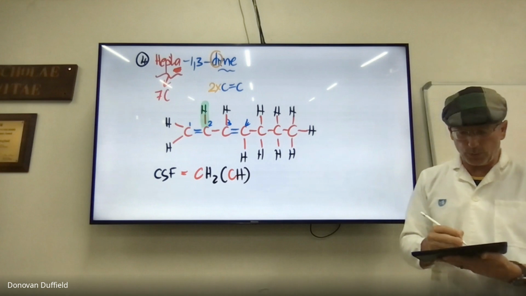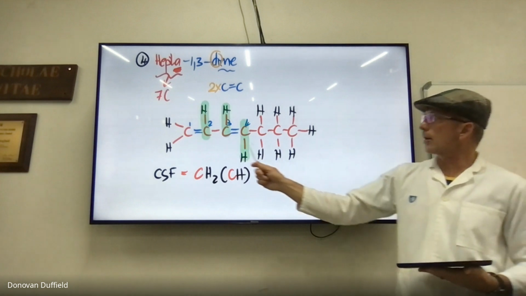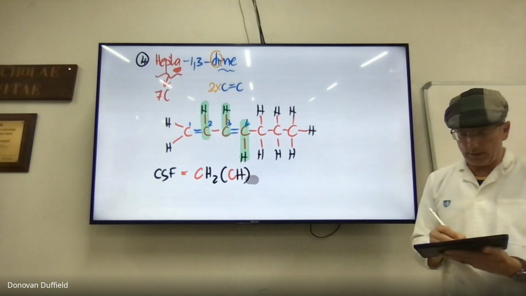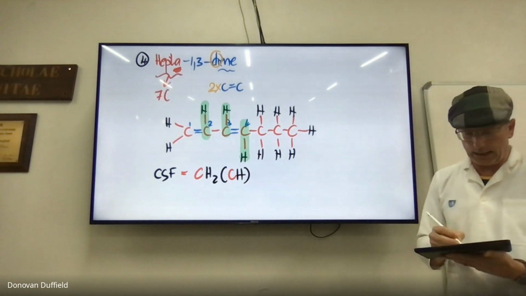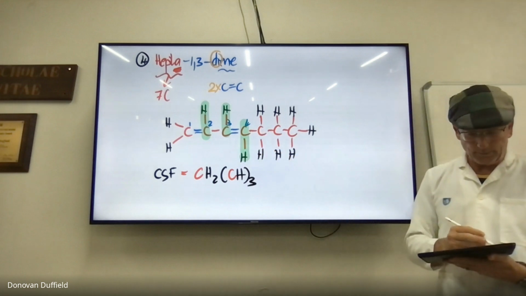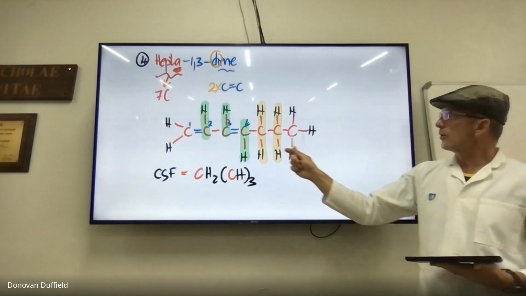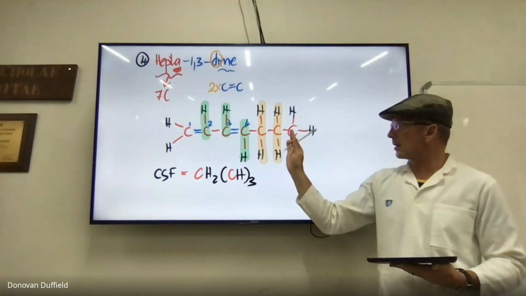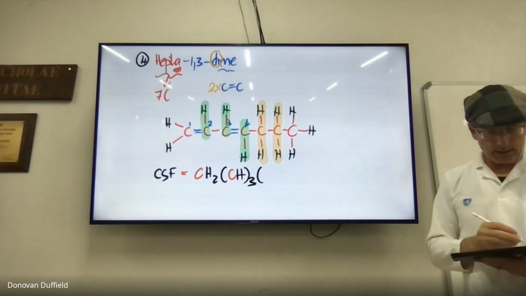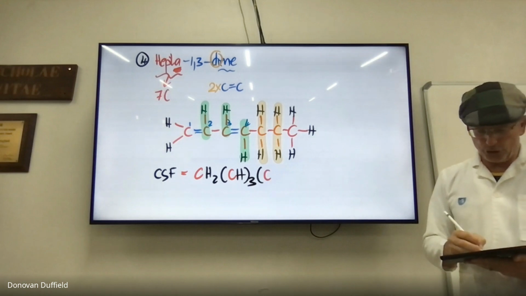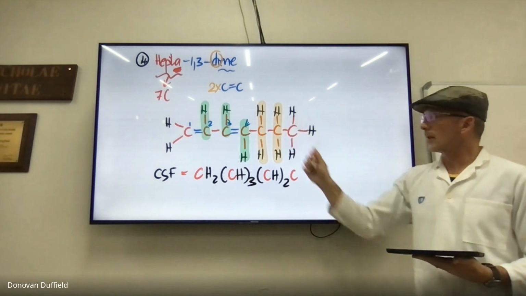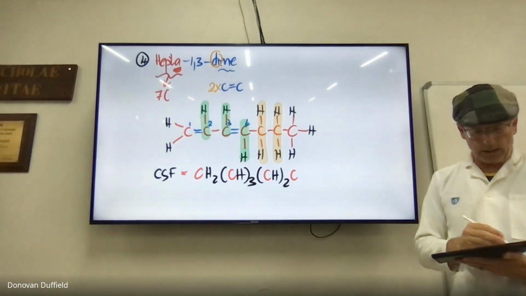Less haste, more speed. Can you see we've got CH 3 times, so we put the subscript there. Apologies for that. And then we've got 2 CH2s sitting inside the molecule. So we've got CH2, and then last but not least, what's on the end, CH3.